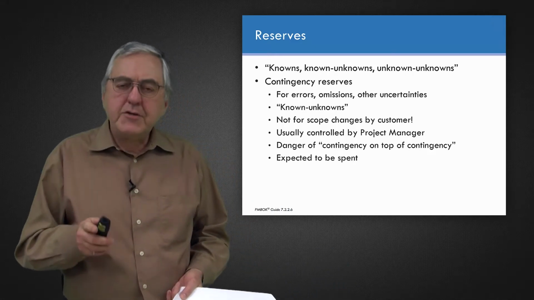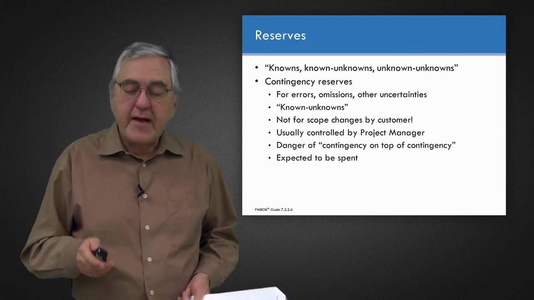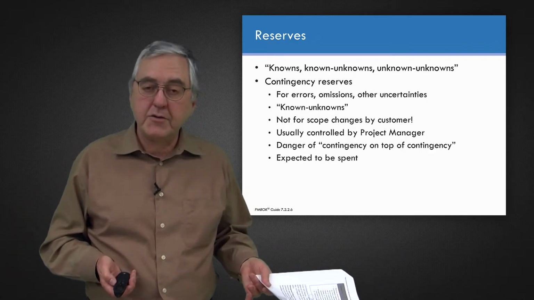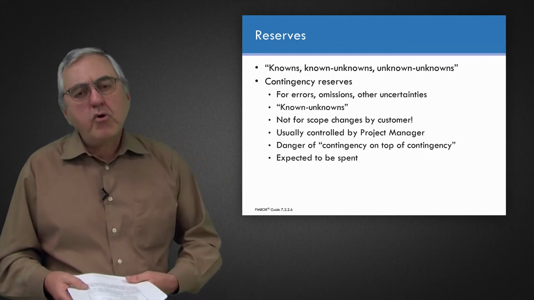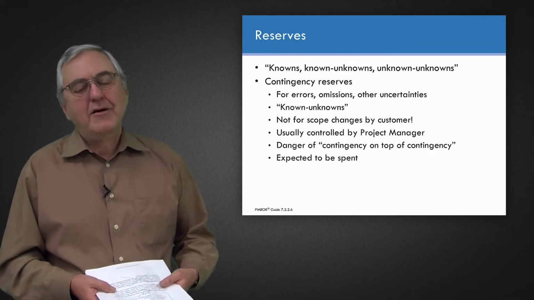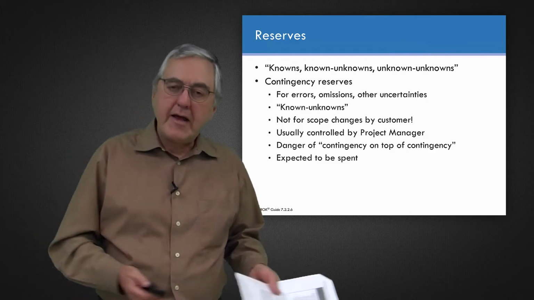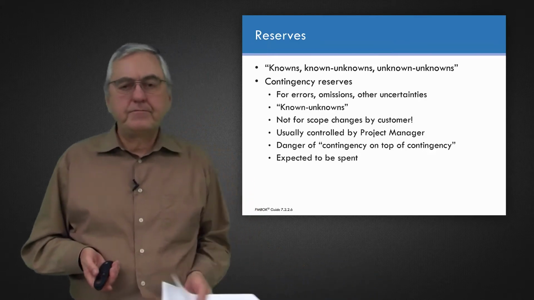So if a scope change makes business sense to the customer, that's the time to say, here is the extra cost associated with that scope change. Now, I say that it's important theoretically that contingency reserves are not for scope changes by the customer. Real life is sometimes not quite so simple.